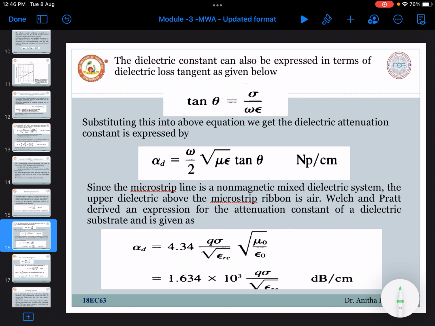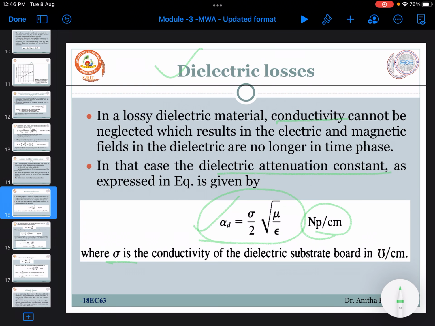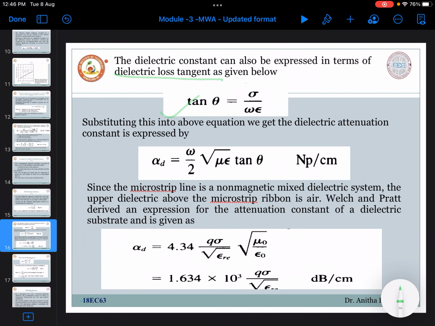Now, this can also be expressed in terms of the dielectric loss tangent, tan theta, as sigma by omega epsilon. Substituting this into the above, one can calculate alpha d, the dielectric attenuation constant, as omega by 2 into square root of mu epsilon tan theta. As we are using a non-magnetic dielectric medium where the upper dielectric above the microstrip ribbon is air, Welch and Pratt derived an equation for the attenuation constant as 4.34.